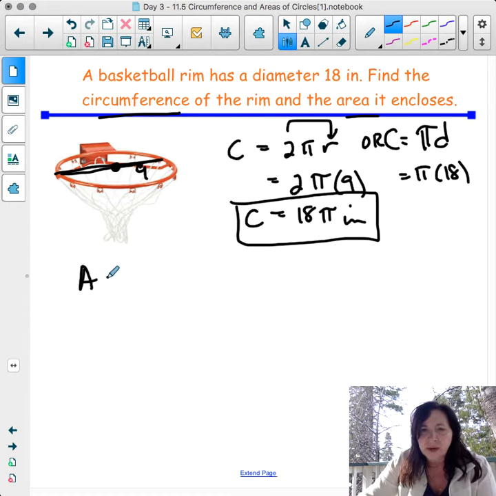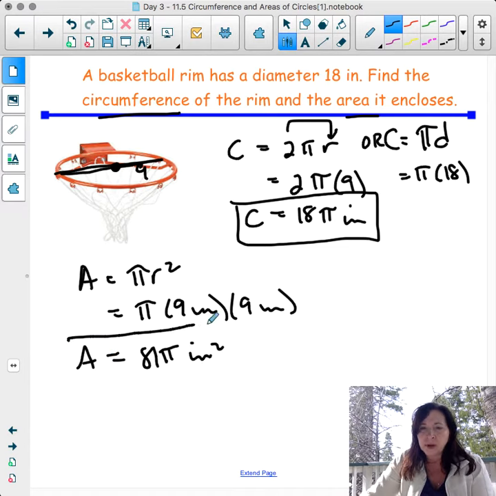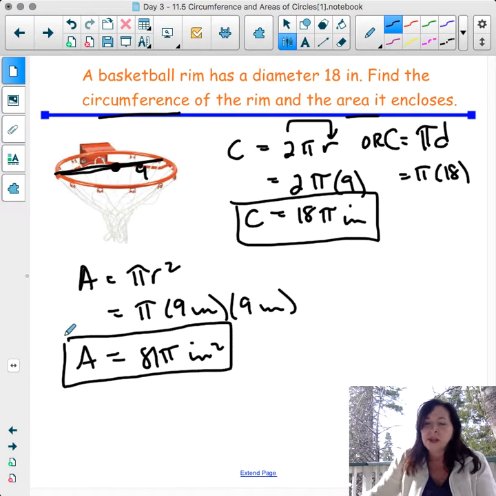To find my area, it's going to be pi r squared. So the area is going to be pi times 9 inches times 9 inches, which is going to be 81 pi inches squared. And you always put your units after pi or radicals or whatever values you're using.